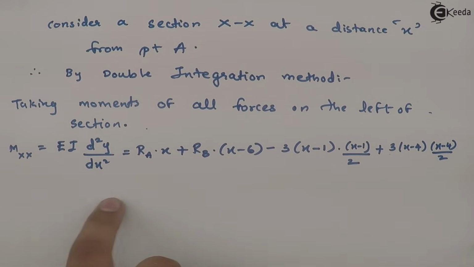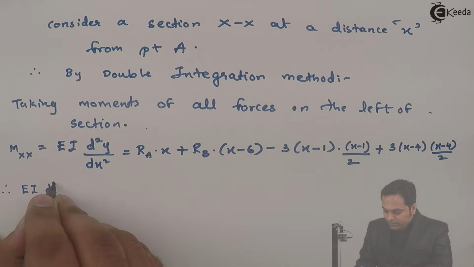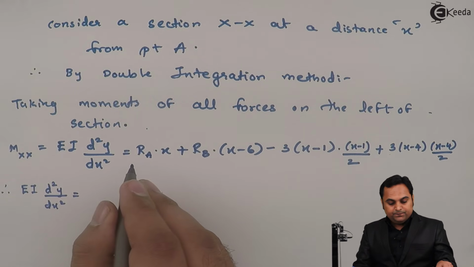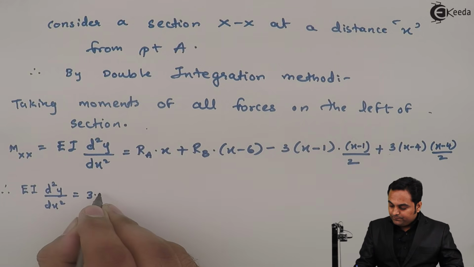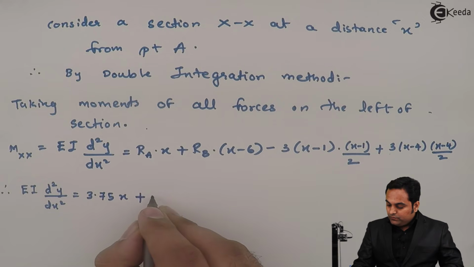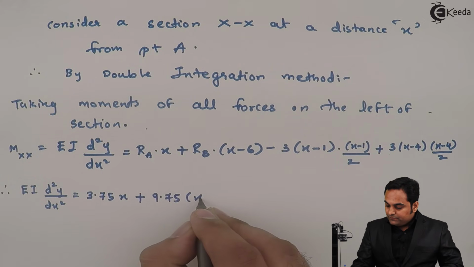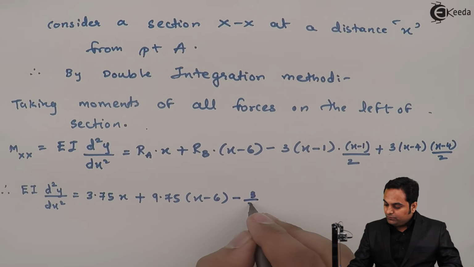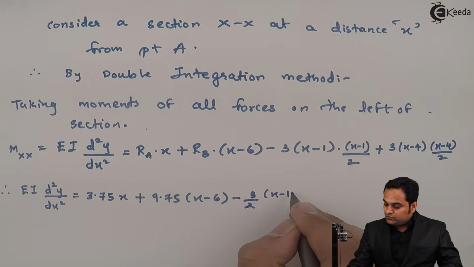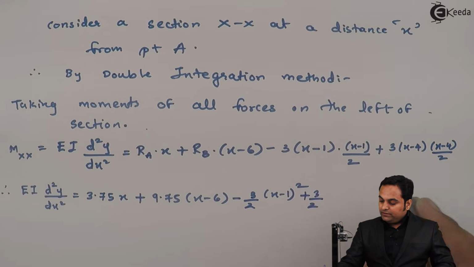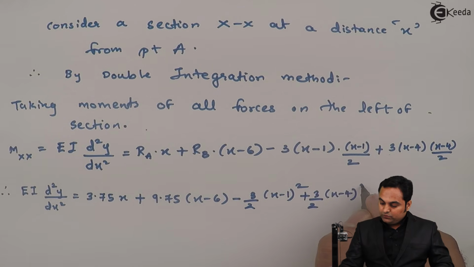So now here I'll go on putting the values. EI d square y by dx square is equal to RA value was 3.75 into x plus RB it was 9.75 into x minus 6, minus 3 by 2 into x minus 1 into x minus 1, that becomes x minus 1 whole square, plus 3 by 2 into x minus 4 whole square.